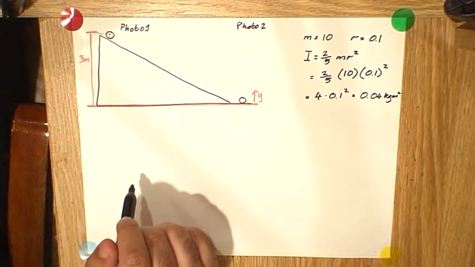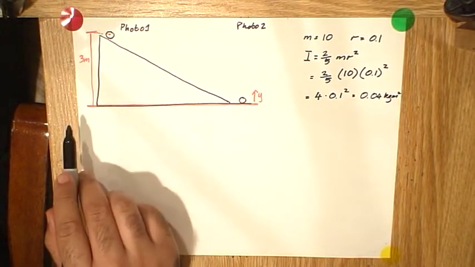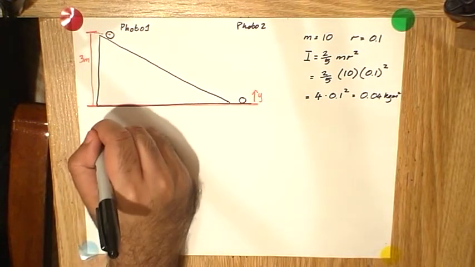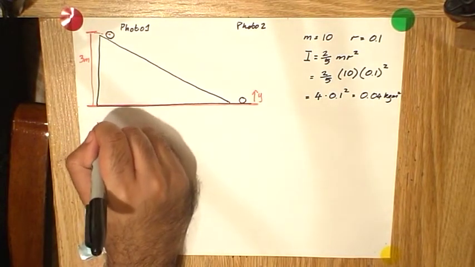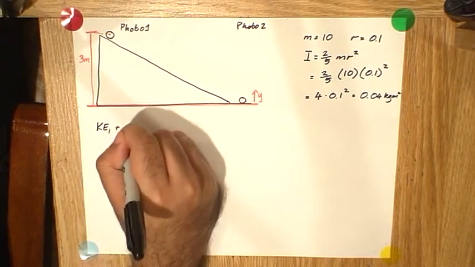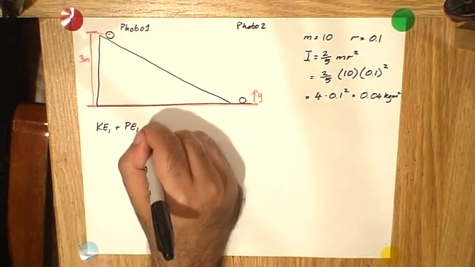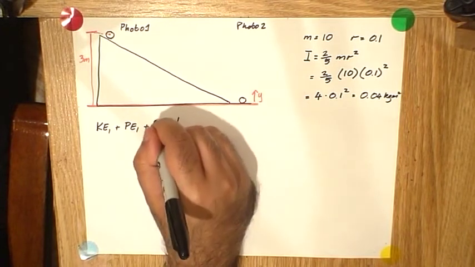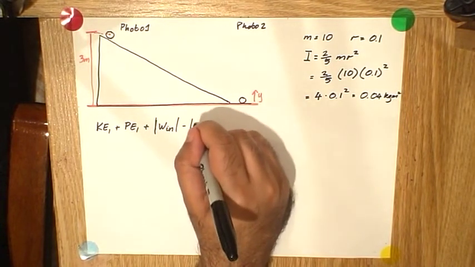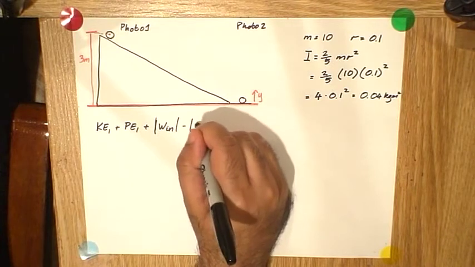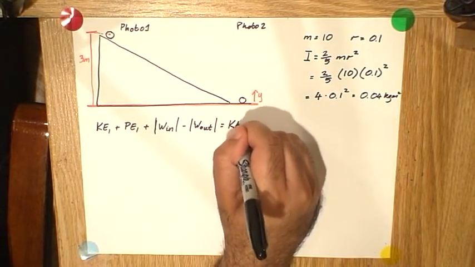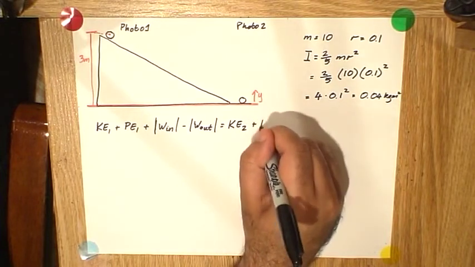Now, let us start writing conservation of energy. Conservation of energy tells us that KE1 plus PE1 plus any work that comes in minus any work that goes out equals KE2 plus PE2.